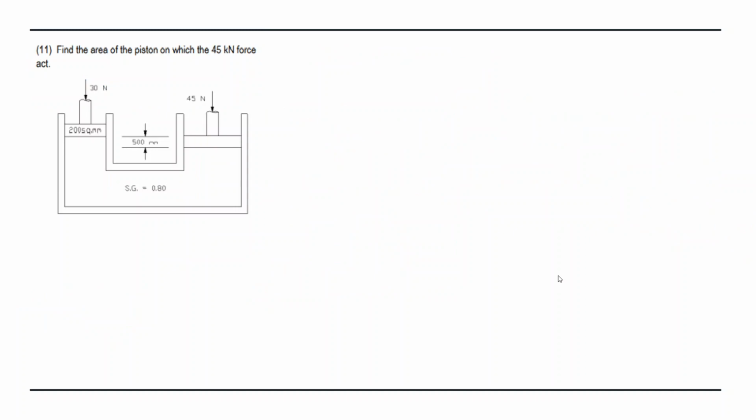Okay, so next, number 11. Find the area of the piston of which the 45 kilonewton force acts. Naalala nyo yung F over A equals to F over A. So, ganun lang din yan. So, 30 Newton, meron tayong 200 square millimeter, is equals to 45 kilonewton.